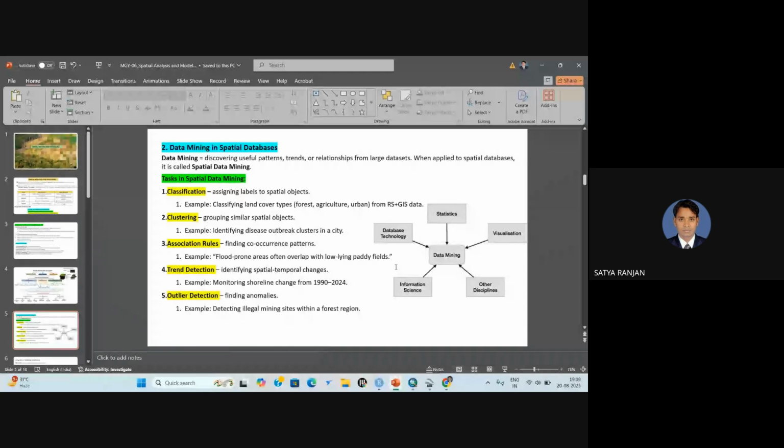Then trend detection, identifying spatial-temporal changes, such as monitoring shoreline change across different years, monitoring urban growth, or monitoring soil health assessments. Then outlier detection, finding anomalies, like detecting illegal mining sites within a forest region.